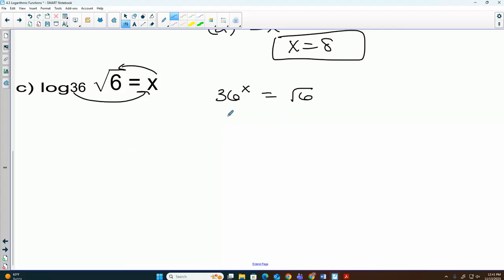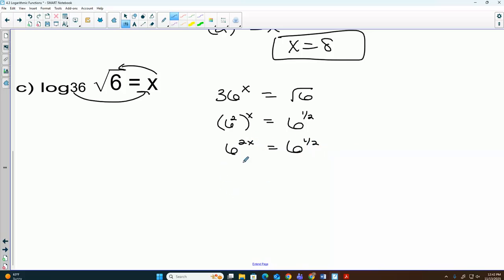So this problem, we had these last week. How do we solve these? Same base. What would I change 36 to? And a square root is like what power? 6 to the 2x is equal to 6 to the 1/2.